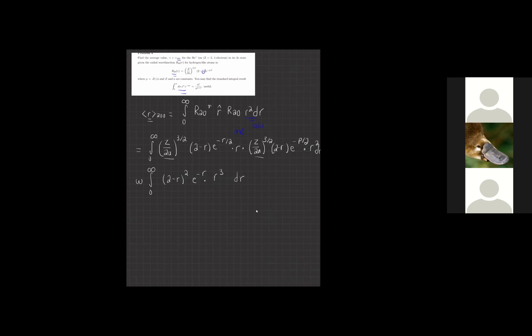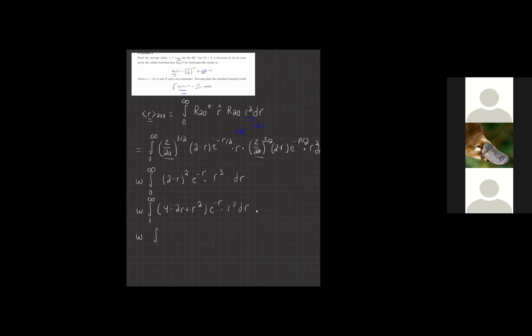Okay, yeah. So first, let's go with W and let's expand everything out. So it's like 4 minus 2r minus r squared plus r squared. And then that's going to be e to the minus r times r to the third dr. And then we separate everything into three integrals. Yeah, three integrals.